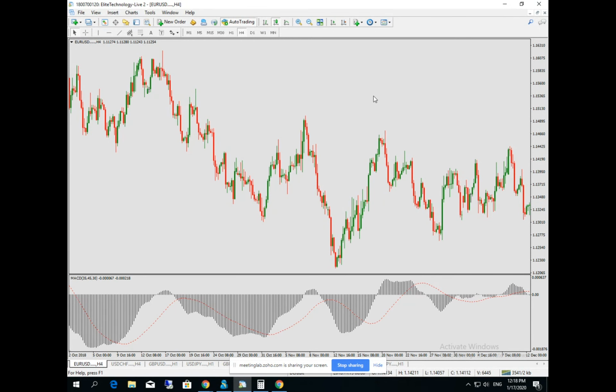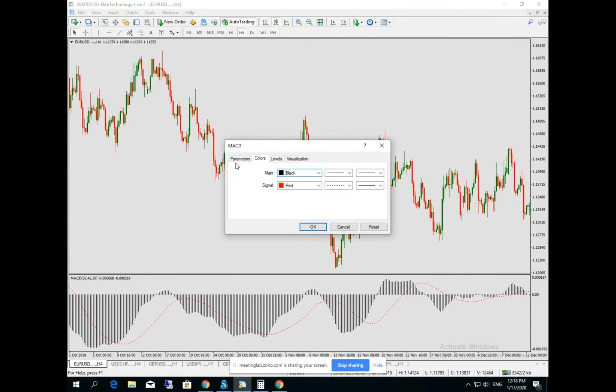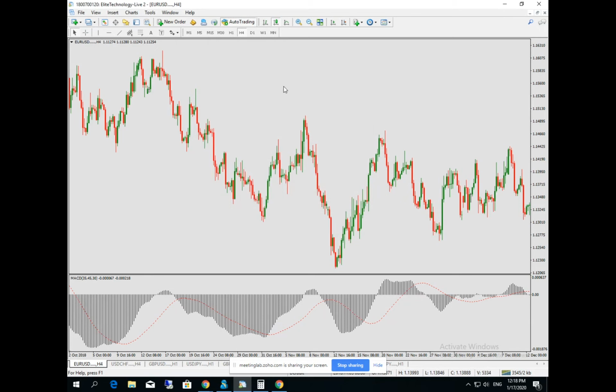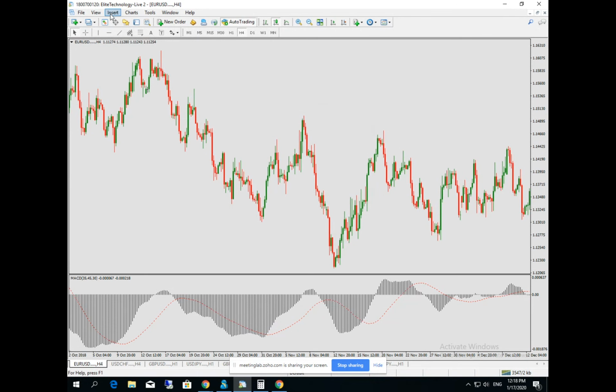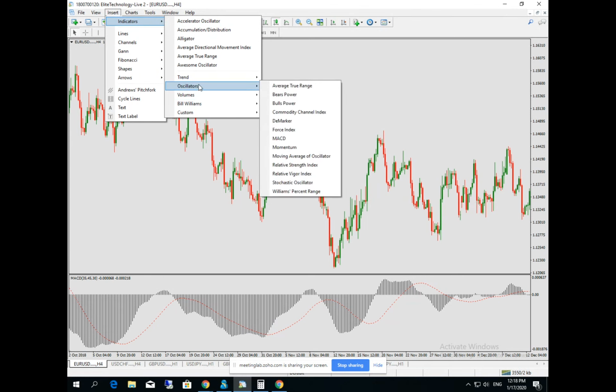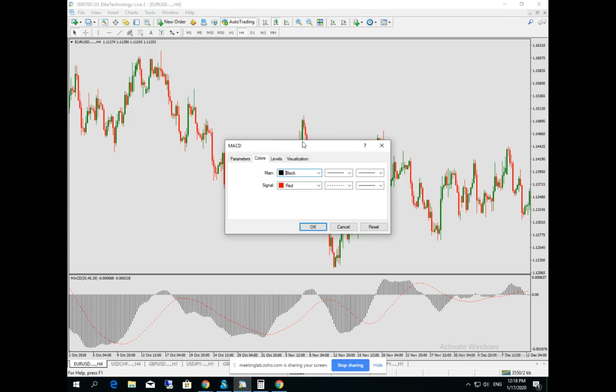And I'll give you some explanation and show you the parameters that you need to set up inside the MACD indicator. So let's do it from the beginning for those who don't know how to set the MACD. In the MT4 platform, you go on the top menu to Insert, then choose Indicators, go to Oscillators, and here you can find the MACD.